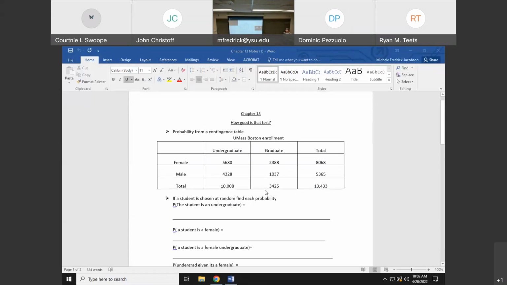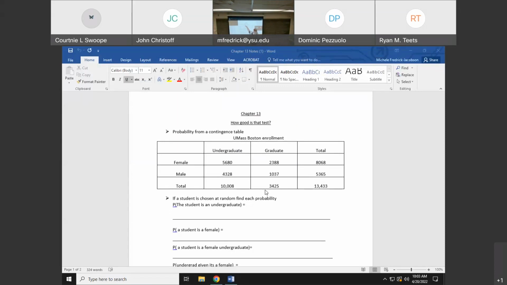So a contingency table looks like this. One row going across is the females, and the next row is the males. All the way across, there's 8,068 females and 5,355 males.